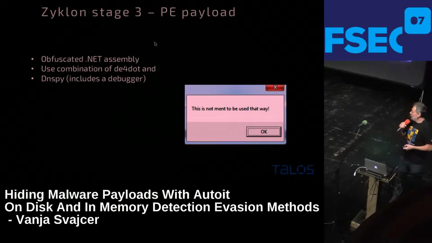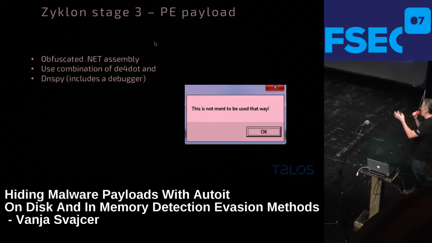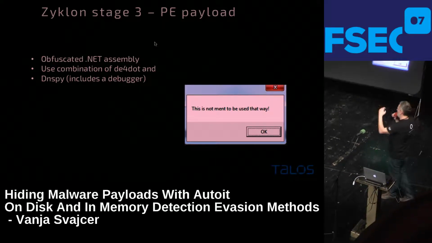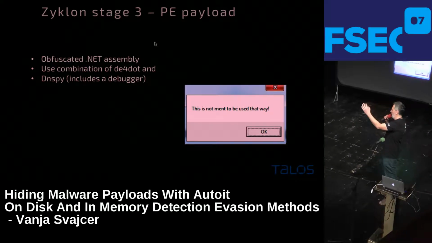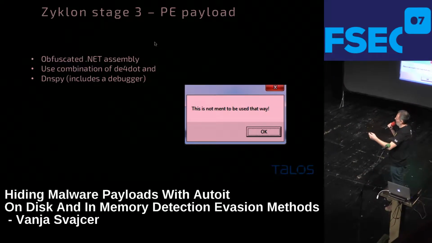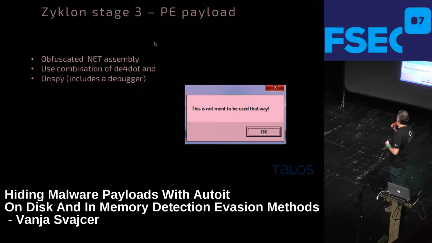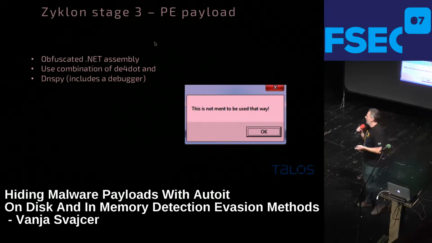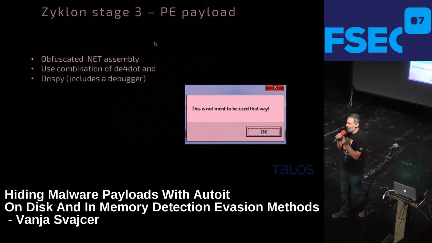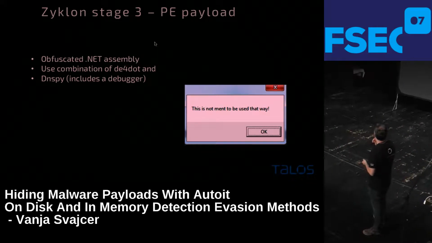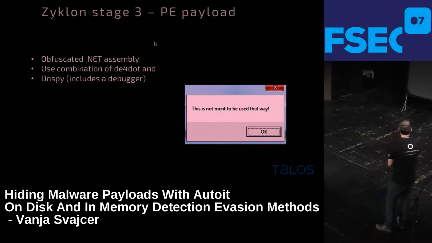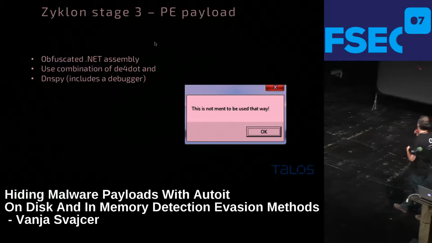The third stage of the payload was a PE file that gets decrypted and then injected into the process memory of some of the processes. It was an obfuscated .NET assembly file. How you deobfuscate .NET files is a whole different topic, and I really don't like to analyze them. They can be pretty nasty with some of the obfuscation techniques.